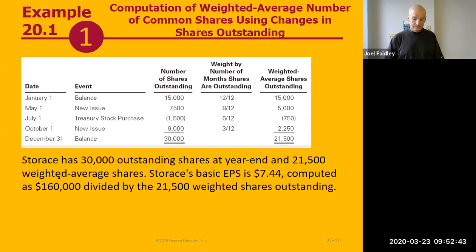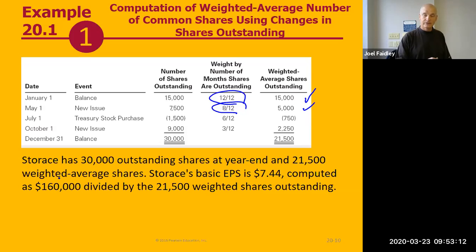So what does this look like? All right, so first of all, let's do our denominator, right? We start out with 15,000 shares for 12 months. So that's 15,000 for the whole year. You issue 7,500 on May 1. So you had 8 months that you have 7,500 shares issued or sold. There's 5,000. Then we had this stock buyback, treasury stock purchase, 1,500 shares.